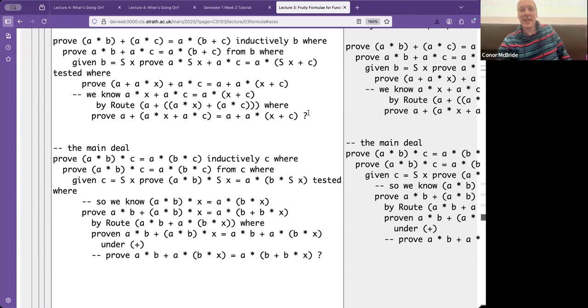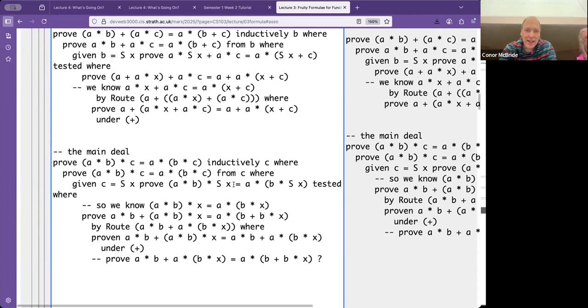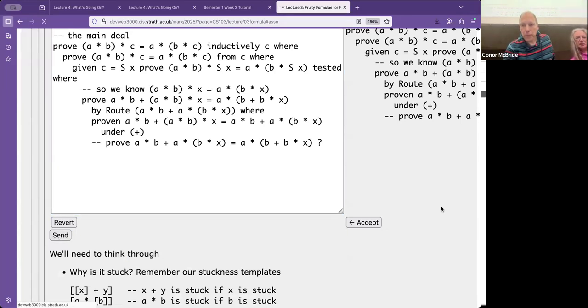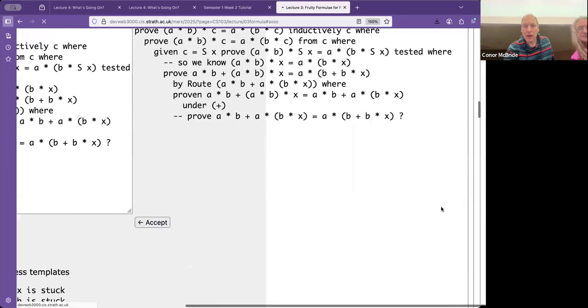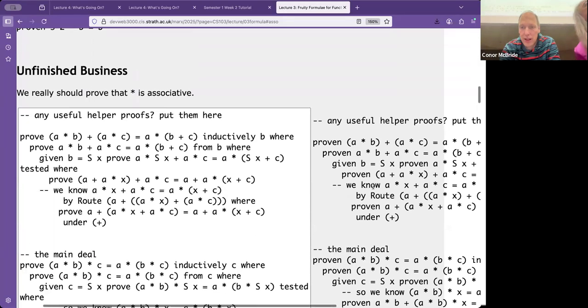So once again, we finish the thing with under plus. Like that. And it'll show up in a minute. Right. And look, proven. All of the provens happened.